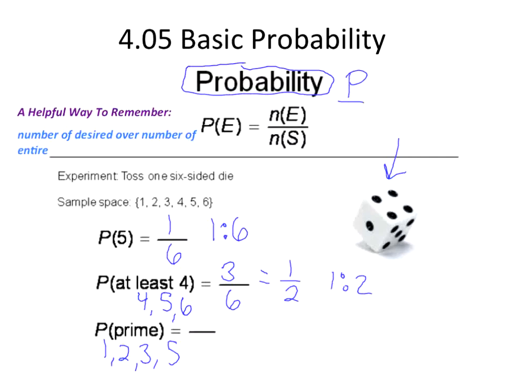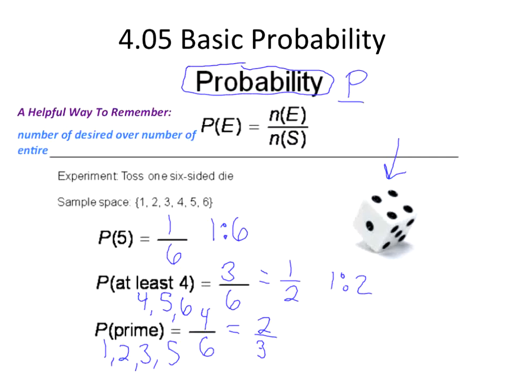So let's write my probability now. What is my desired outcome? How many different options do I have? 4. Out of what's my total? 6. So every 4 out of 6 rolls, I would get a prime number. Let's reduce. That would be 2/3. So every 2 out of 3 rolls, I would get a prime number.